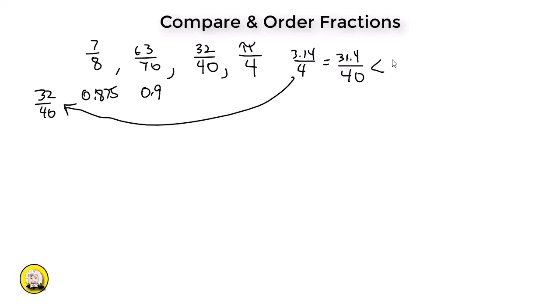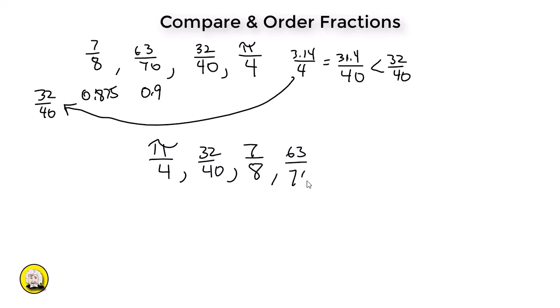And that is less than 32/40. So my final ordering will be pi over 4 is my lowest value. 32/40 is the next higher. Then 7/8, and finally 63/70. So in this case, I brought a number of different tools to work to quickly assess, given the numbers, as reliably as I can, what the ordering from low to high is.